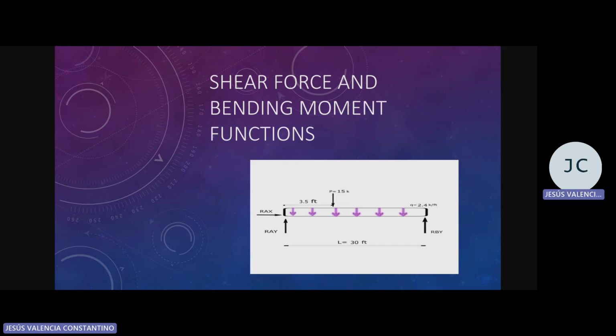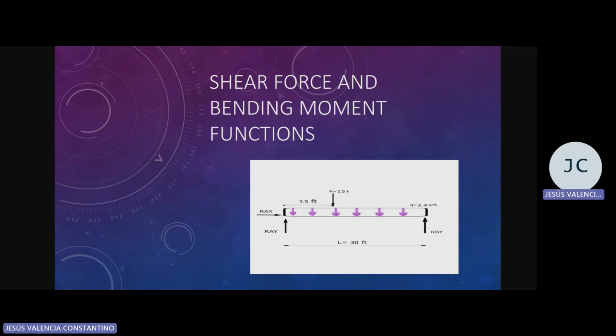Shear force and bending moment functions. In a provided image, a 30-foot beam is shown with components of forces RAX, RAY, and a downward force of 15 kilos along the x-axis.